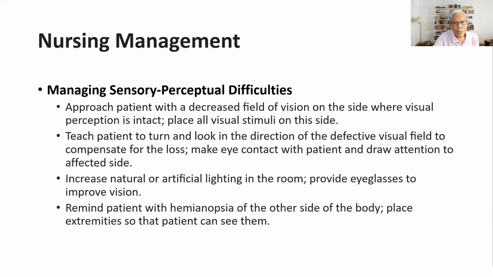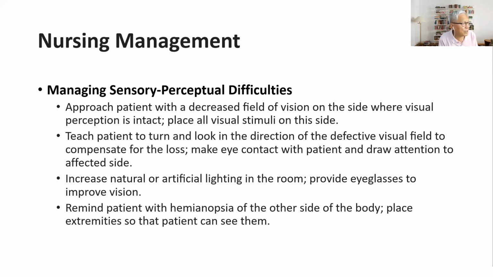And another problem is going to be sensory perceptual deficits. That means to say that the patient's perceptual ability is going to be compromised. So always approach the patient, for example, with a decreased field of vision on the side where the perception is going to be intact. And always put all the visual stimuli on the side that they can see.